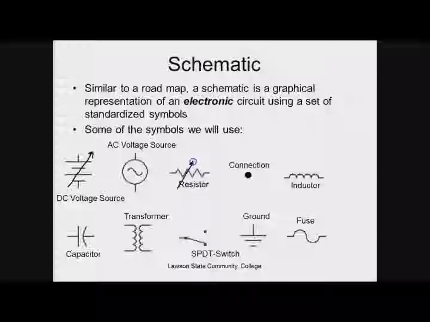So we have variable resistors, we have variable AC supplies, we have variable transformers too, which we don't use much in trade. This symbol right here is what we refer to as ground. Okay. And this is probably one of the most misused symbols in the trade, because ground means ground.